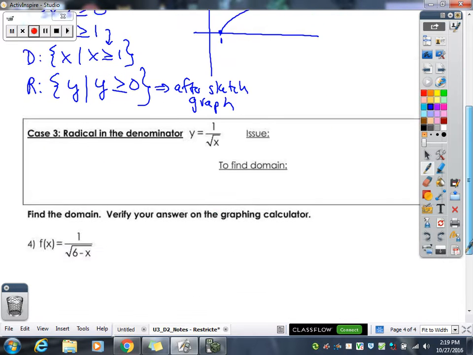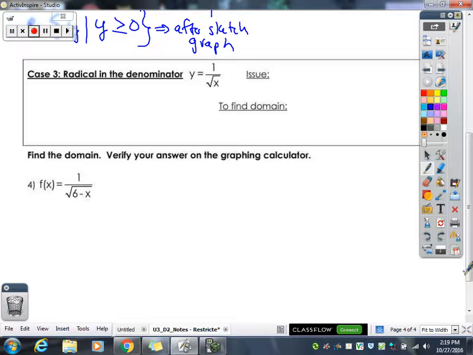The last case is a combination of the two, where we have 1 over the square root of x. The issue is there are actually two issues. One, just like in the first issue, we can't have a 0 in the denominator. And the second issue, which is what we just talked about, case number 2, is the stuff underneath the radical, the radicand, must be positive.